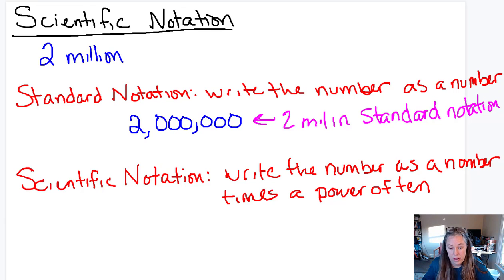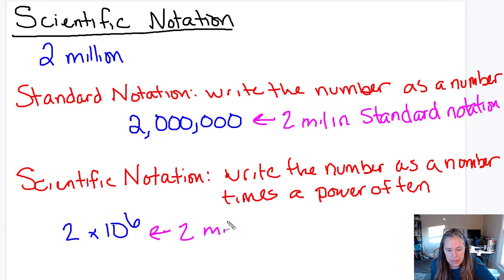And this is not new to you, we've been practicing this. So 2 million in scientific notation, you can either remember that million is 10 to the 6, or you can count zeros, 1, 2, 3, 4, 5, 6, 6 zeros. So this is going to be 2 times 10 to the 6. And that's 2 million in scientific notation.